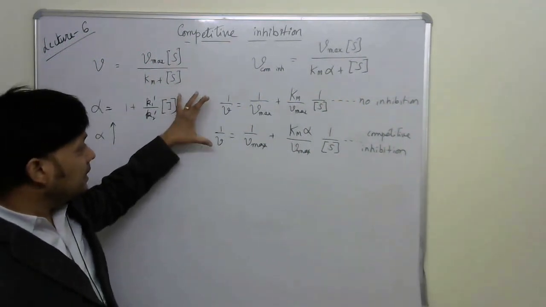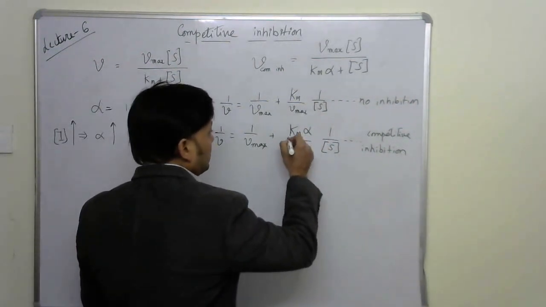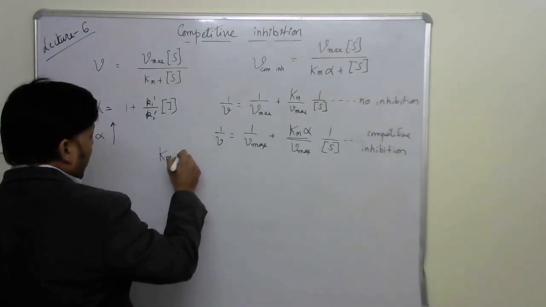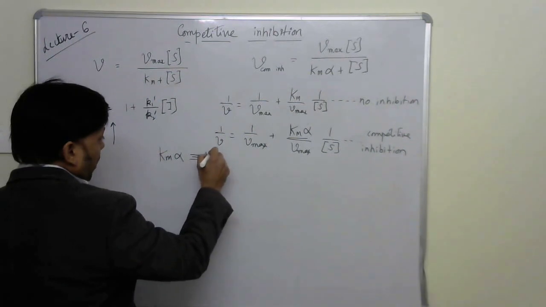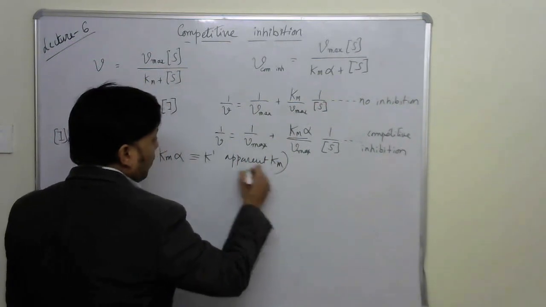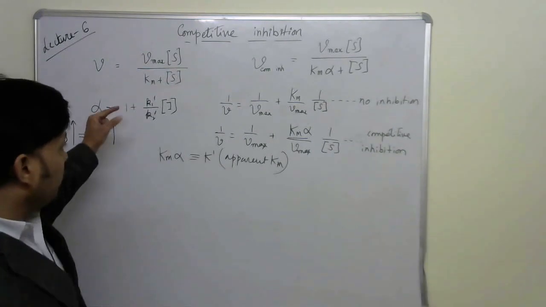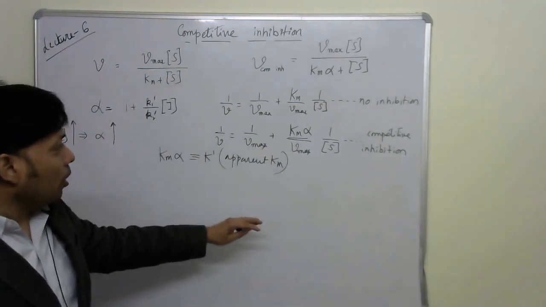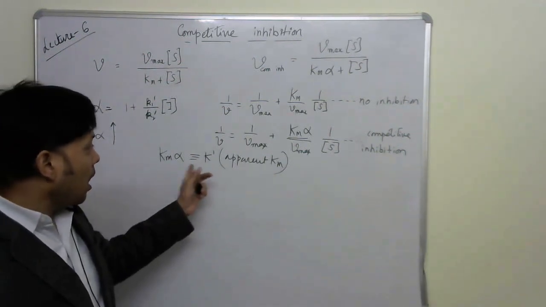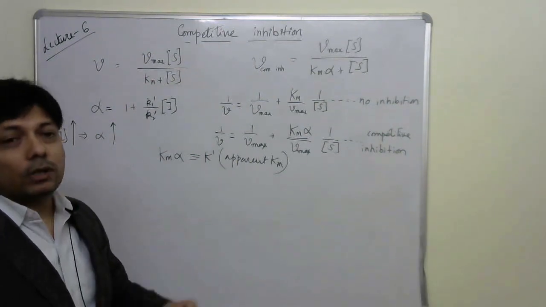And you see these two equations only differ here, that is in the slope. So this Km alpha is denoted as K prime, and it is also known as the apparent Km or the apparent Michaelis constant. So if alpha increases, so if we draw the graph plots with gradually higher concentrations of inhibitors, our apparent Km, that is K prime, is definitely going to increase.